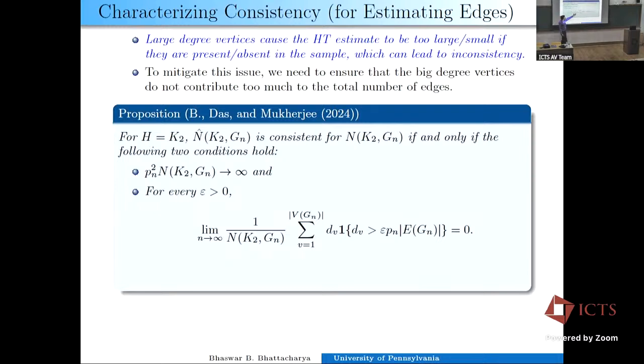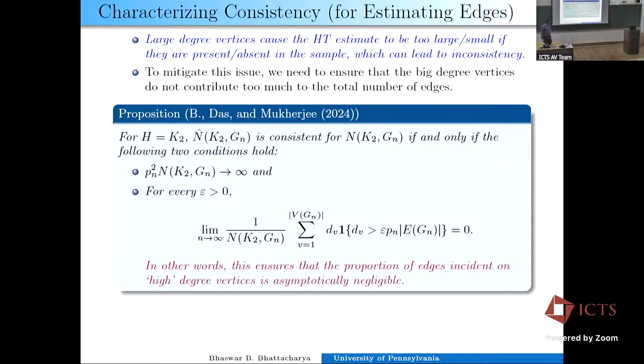The degree condition is essentially saying: look at the large degree vertices, with large properly defined, and the fraction of edges incident on them compared to the total number is negligible. So the proportion of edges incident on high degree vertices is asymptotically negligible. That tells you that, at least for estimating edges, we have to avoid a large number of high degree vertices; their number should be controlled in a certain sense.